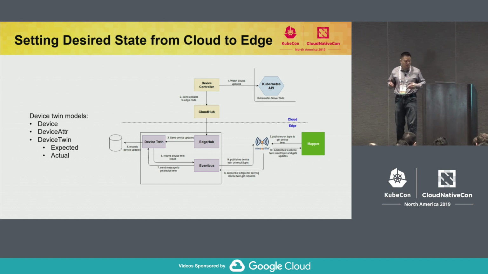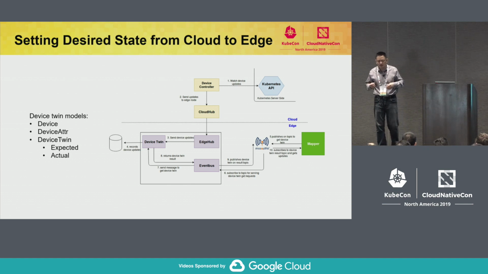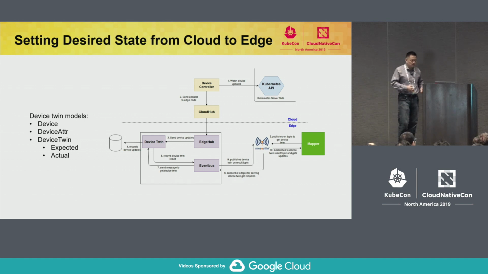Now, we know that devices are operating on a totally different pace. Some of them are always online, but some of them are not frequently online. They can be online every second, minute, or even days, right? So then what happens is, move to the right side, you see device connects to mapper, and on step 5, mapper would go through a MQTT pub/sub model and try to get the new expected state change from device twin.